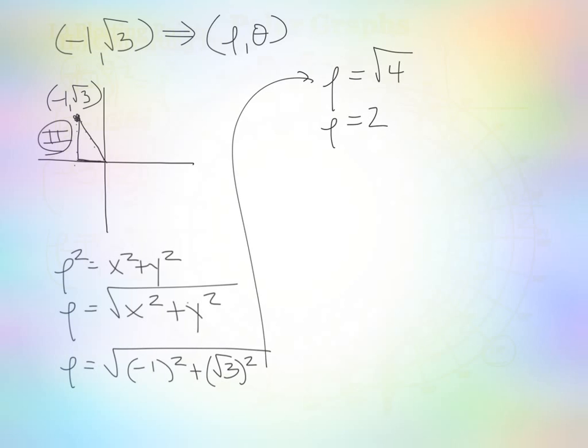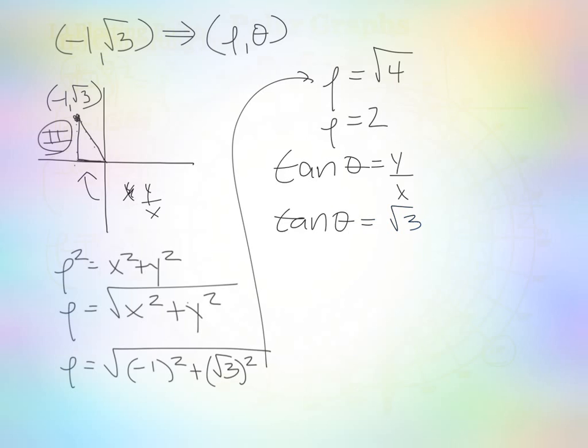Next we have to find the value of theta. We're going to use the equation tangent of theta equals y over x, because tangent of theta is opposite over adjacent, which in terms of this coordinate would be y over x. So tangent of theta equals square root of 3 over -1, so tangent theta equals negative square root of 3.